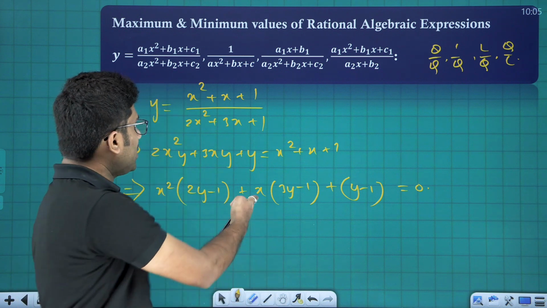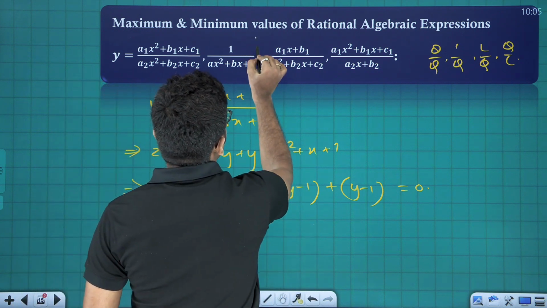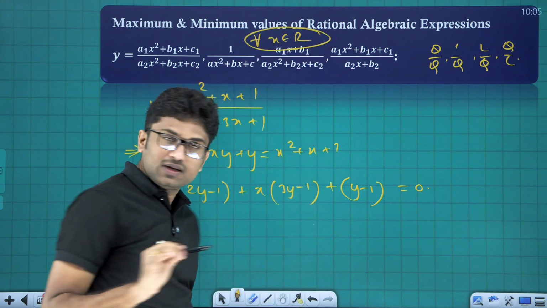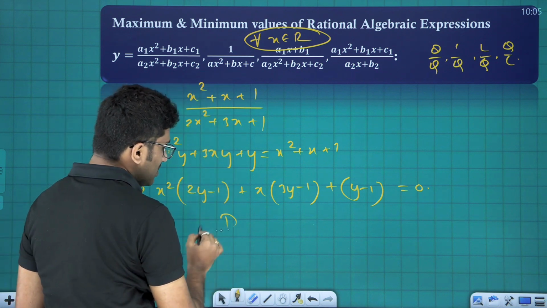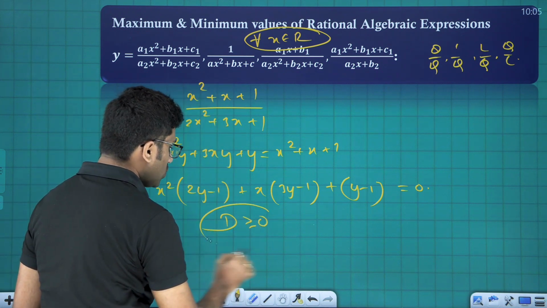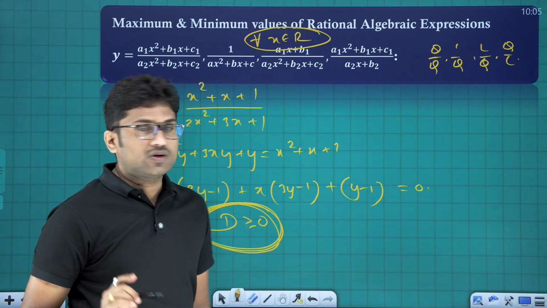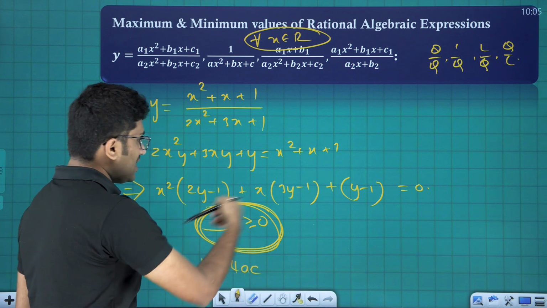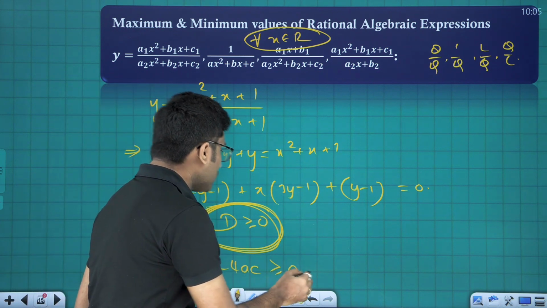Okay, now we know the range of this quadratic expression. They'll give you that for all x belongs to capital R. If x is a real number, that means the discriminant of this equation should always be greater than or equal to 0. So now what we do, we take b square minus 4ac, always greater than or equal to 0.